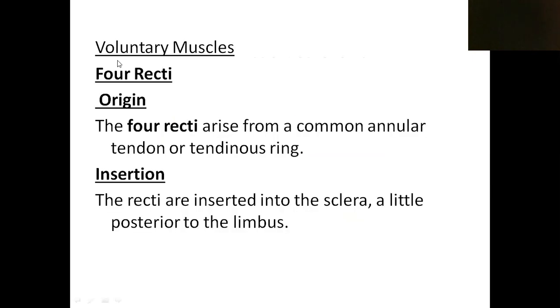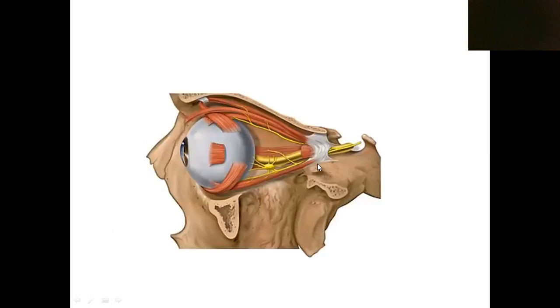Now we have to discuss the details of the origin of the four recti muscles. These recti muscles arise from the common tendinous ring. Where is it seen? See, this is the orbit. The orbit is almost triangular in shape.